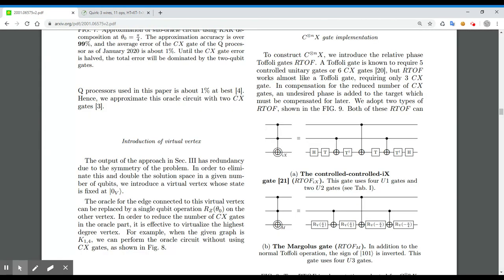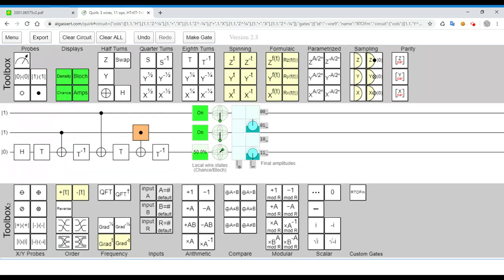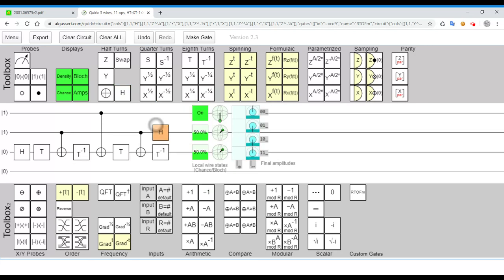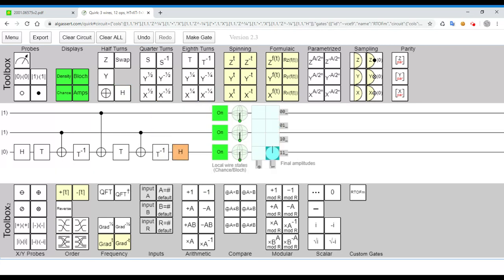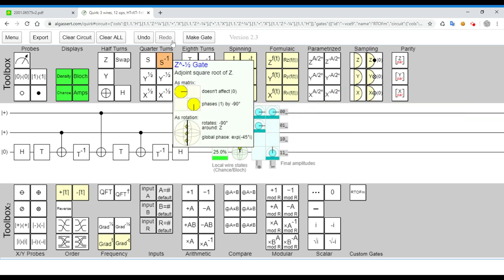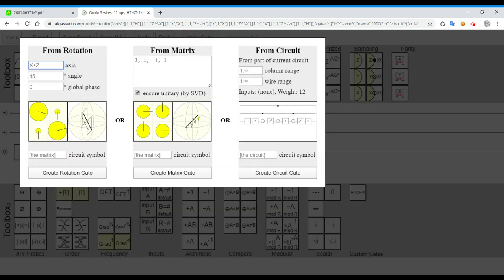And I think we're almost done, right? A Toffoli gate that behaves like it should, right? So if I put this into a plus state now, oh yes. Okay, so the only problem is that it does add this 90 degrees phase here. But let's make a gate out of this and let's call it the RTOF IX.